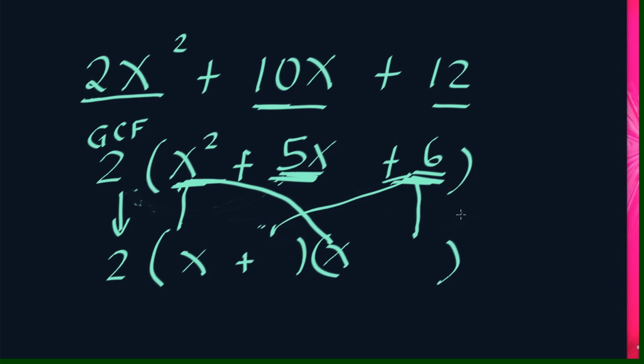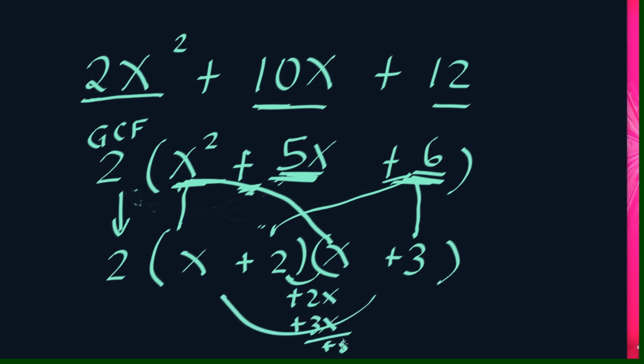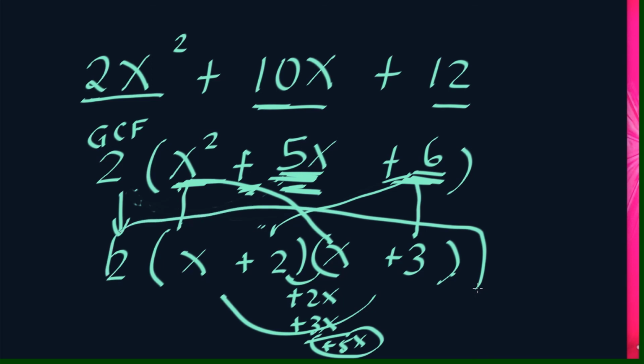Again, we have 1 and 6, 2 and 3. Best combination to start with is the 2 and 3 because they're closer to each other. I chose the positive 2, positive 3 because the sign of the middle term is a positive. Okay, so this is positive 2x, and that's a positive 3x, and that equals 5x, which is equal to the middle term. So this will be our final factors.